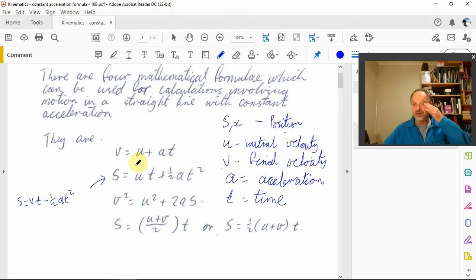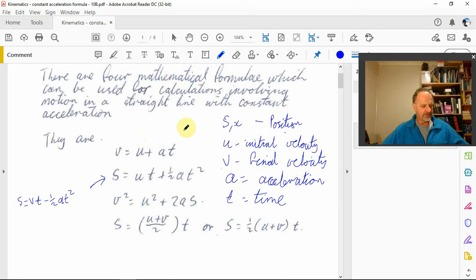And so what we've got here then is 5 variables, 5 equations, and so in the questions we would have 4 variables, so we choose the version of the constant acceleration formula that's appropriate to the question given the information. All right, so you make that selection based on the information you've got and what you want to find out.